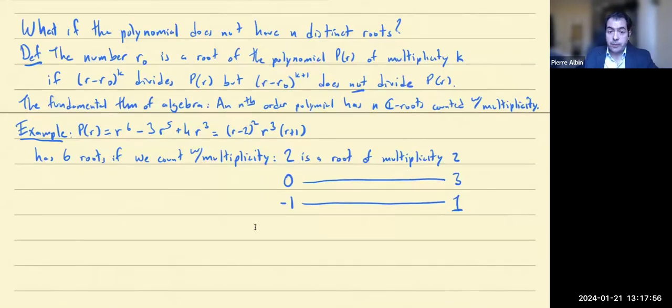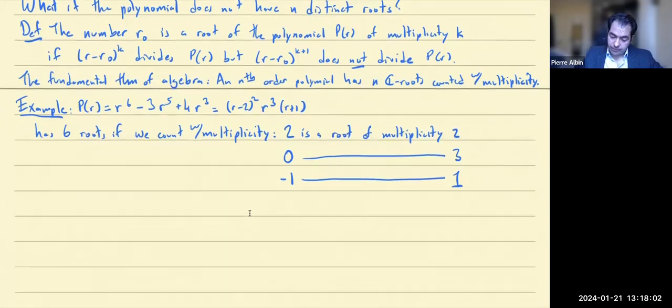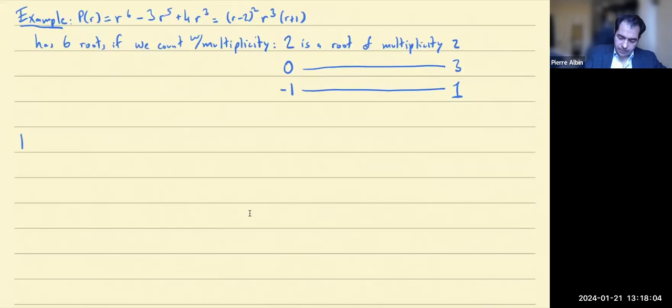Okay, so if we don't have n distinct roots, then that means we have repeated roots. How do we find solutions when we have repeated roots?